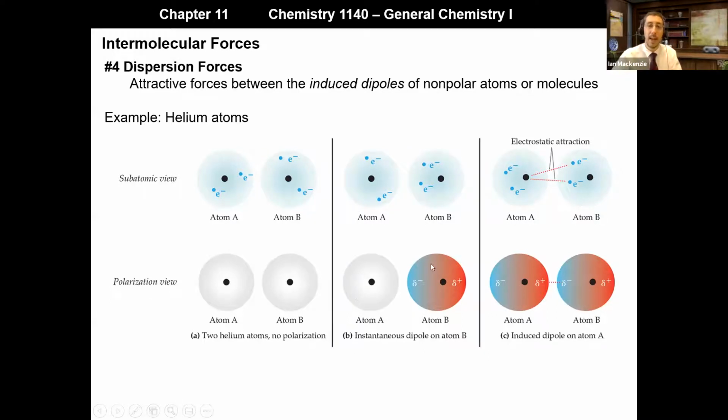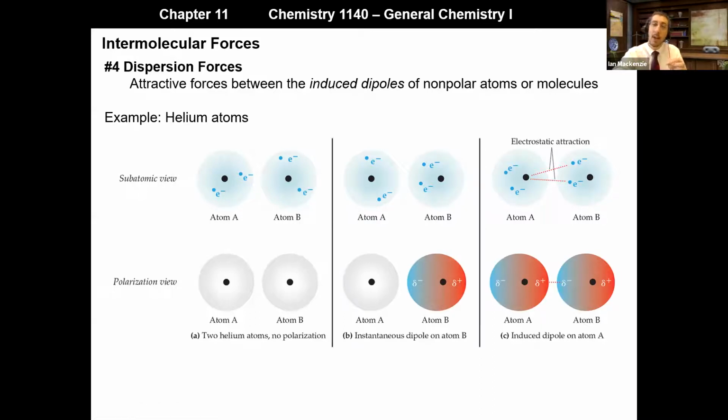Now, if that atom is in close contact with another atom, the brief moment in time where atom B has that temporary dipole, that distribution of charges will then induce a dipole. These 2 electrons will repel the electrons in atom A to put them on the other side, and we will now have an induced dipole for atom A that wasn't there in the beginning.